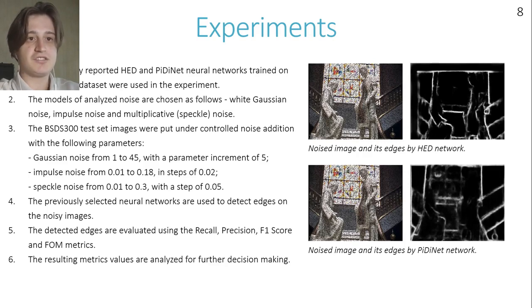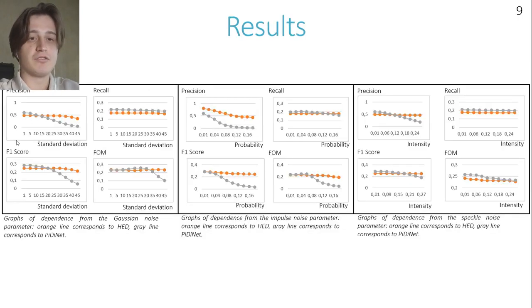The detected edges are evaluated using the recall, precision, F1 score, and F-measure metrics, and the resulting metric values are analyzed for further decision making. Results here. So the metric values obtained during the experiment are presented in the form of graphs.